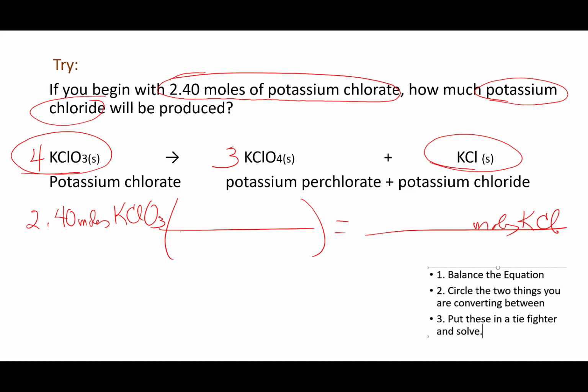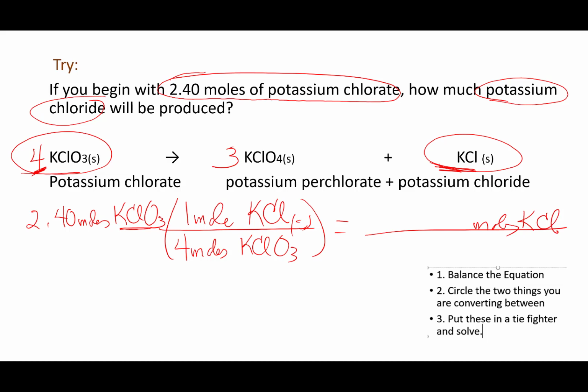Which one do I put on the bottom? Well, I want to get rid of potassium chlorate. So 4 moles of KClO3. Where did the 4 come from? Came from that balanced reaction. And 1 mole of KCl. And where did the 1 come from? If there's no coefficient, there is an implied 1, you've got 1 of them already.